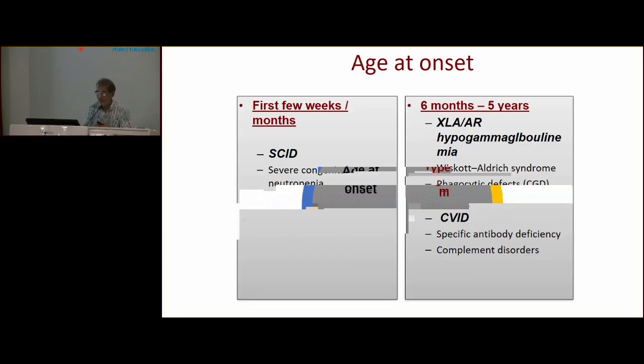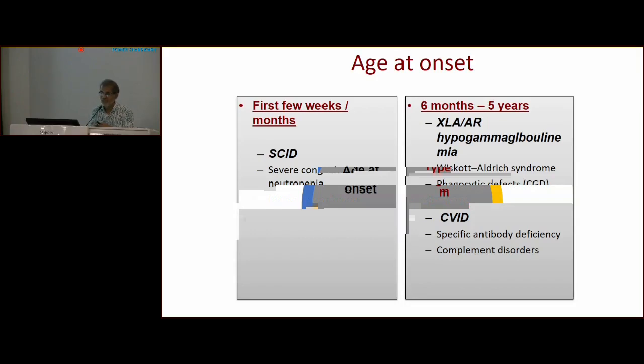Then common variable immunodeficiency is a bimodal disease, where the most commonly affected individuals are adults in the second and third decades, but it also affects young children. In children, as per the diagnostic criteria, the onset of the disease should be after 4 years of age, and usually they present between 5 to 10 years of age. Complement deficiency and specific autoantibody deficiency also present after 5 years.